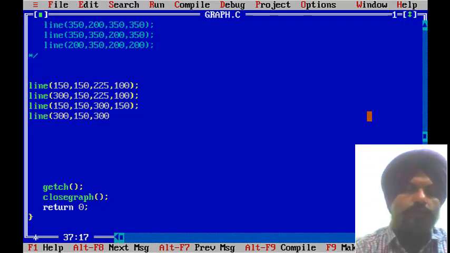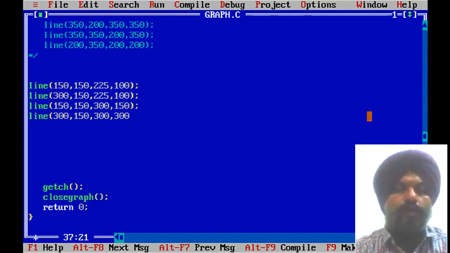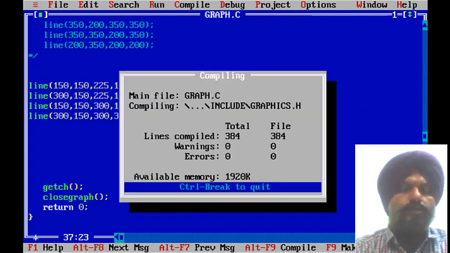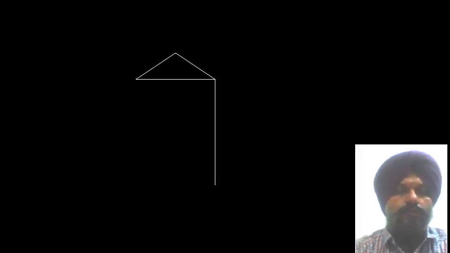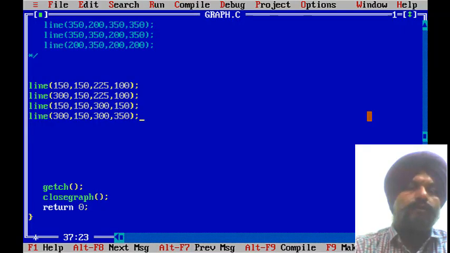In this way, the x-axis will remain the same and the y-axis will be incremented by 200, that becomes 350. So if we draw this and see the partial result, you can see that we have started to draw the door of the hut.